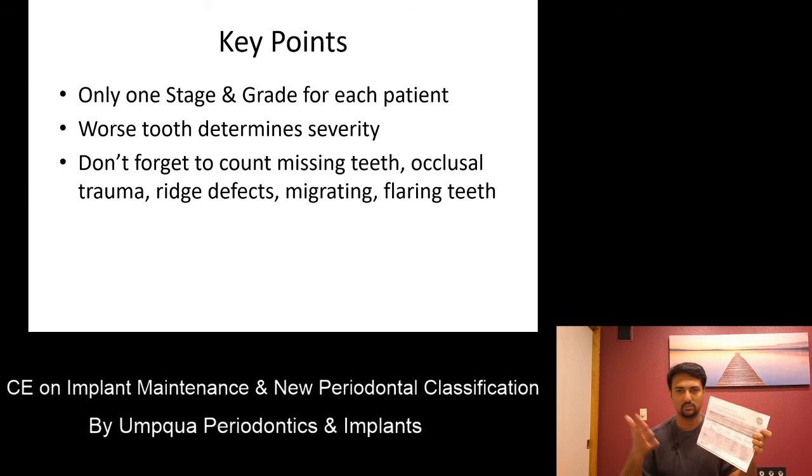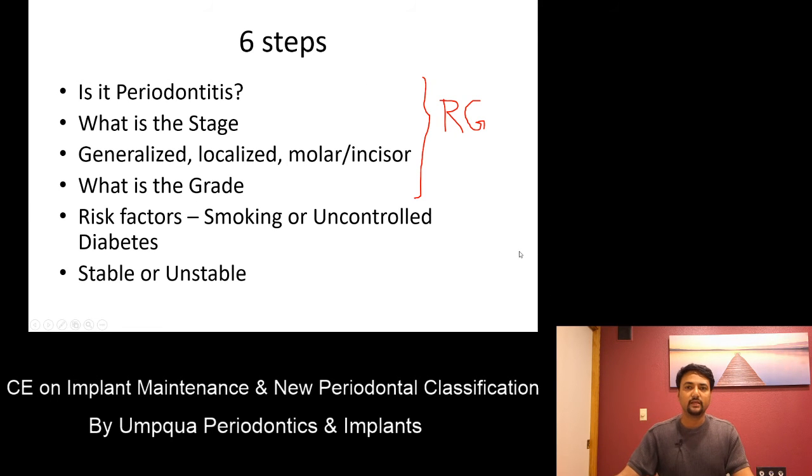That's all the complexity means. So keep those things in mind. If you count the missing teeth, look at other things also that can point you in a direction that this case is going to be harder to manage than you thought.